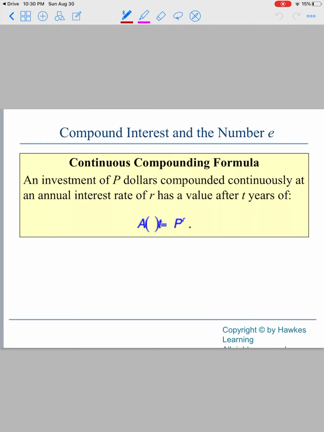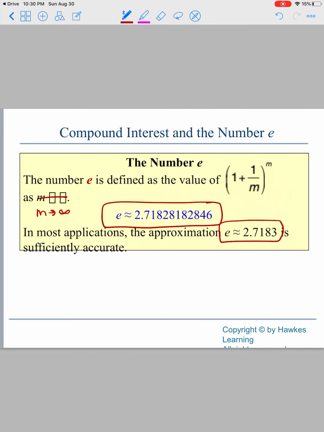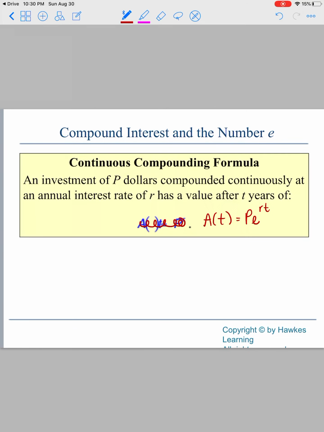It is always compounding every minute, every day, at an annual interest rate of R. And again, for some reason, these formulas didn't convert over, but the formula is A of T equals P times E to the RT power. Again, P is our principal, E is that number 2.7183, R, the exponent, is our rate, and T is our time.